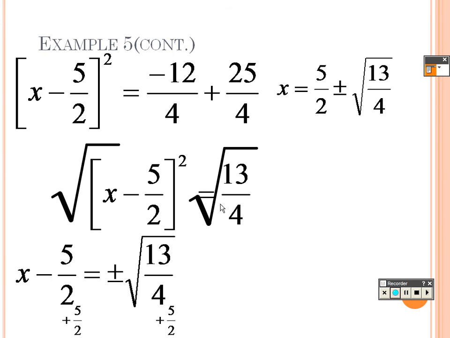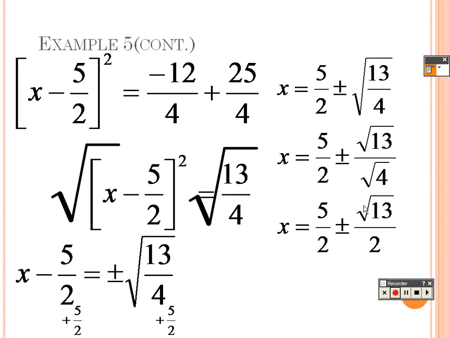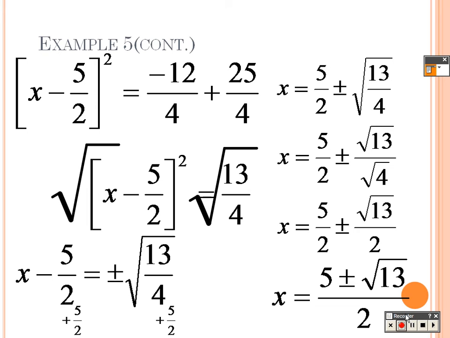And here is my answer, except I need to simplify this if I can, which I actually can. I can rewrite this root 13 over 4 as root 13 over root 4, and root 4 is 2. And if I wanted to, I can combine those together under one fraction, which is just 2. So 5 plus or minus root 13 over 2.